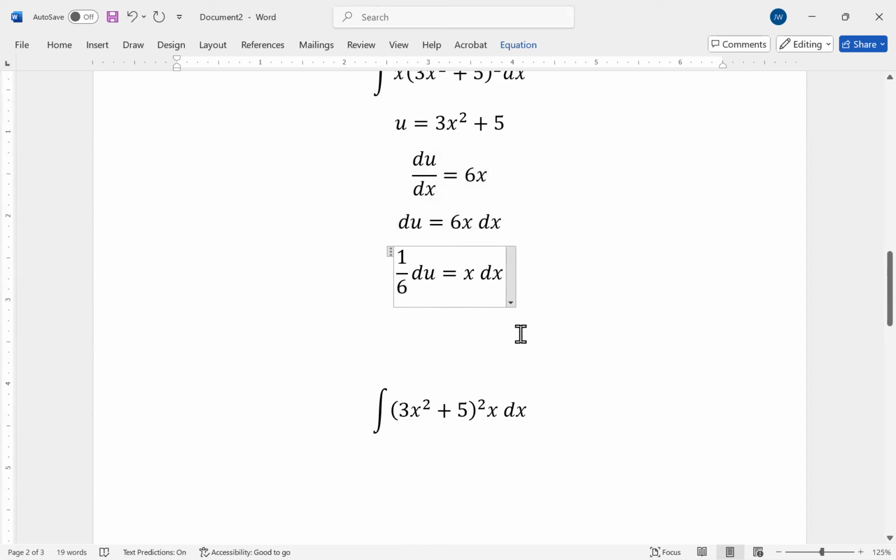And now I can replace this x dx with 1/6 du. So that's how I'm going to do it this time. If somebody else wants to instead factor 1 into 1/6 times 6 and then pull the 6 back, that's perfectly fine. We're going to get the same thing in the end.